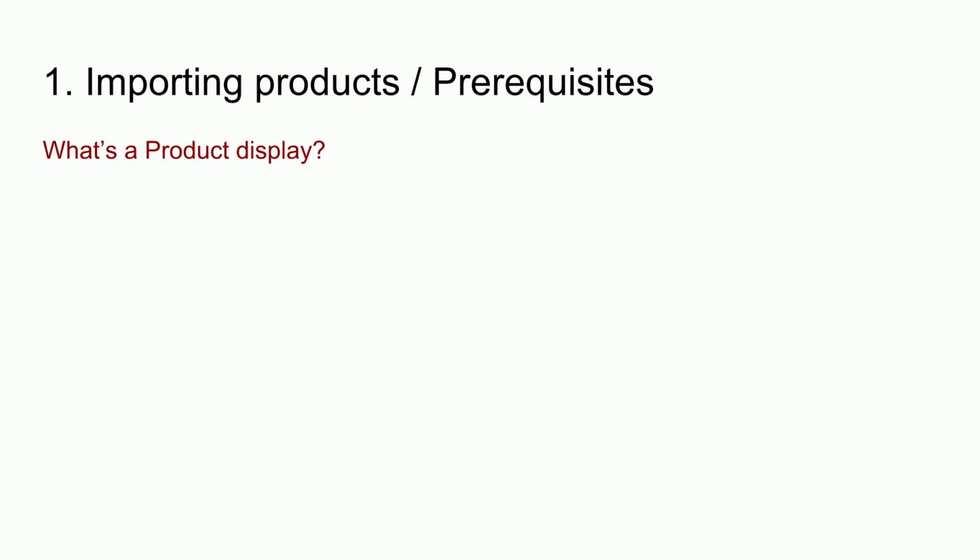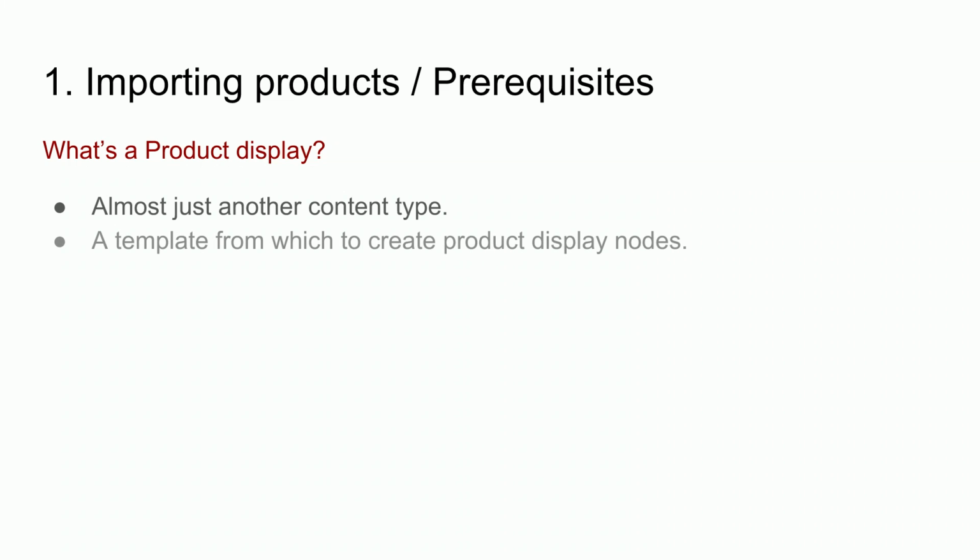What's a product display? Well, a product display is almost just another content type. That's what it is, at the base. It's a template from which you create product display nodes. And again, the product display node is the parent entity where the children product come in. So what makes a product display is the fact that it's got a product reference field in it.